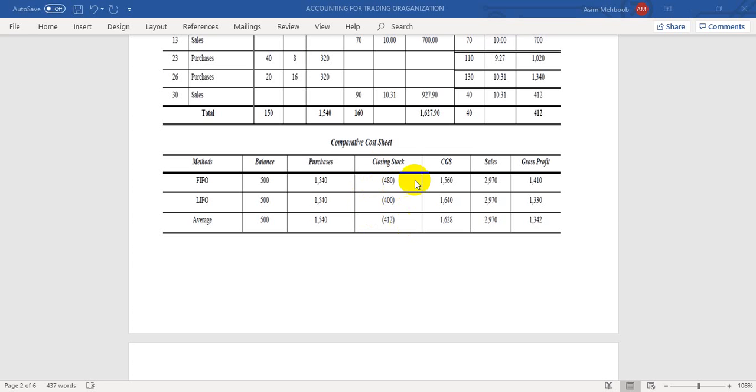If the prices are rising, whatever we just purchased now will be expensive, and what we purchased last month will be less expensive. So our closing stock, our ending stock, will always be high if the prices are rising under the FIFO method. That's why we conclude that FIFO gives high ending inventory, low cost of goods sold, and when there is a low cost of goods sold, higher profit as compared to LIFO and moving average.